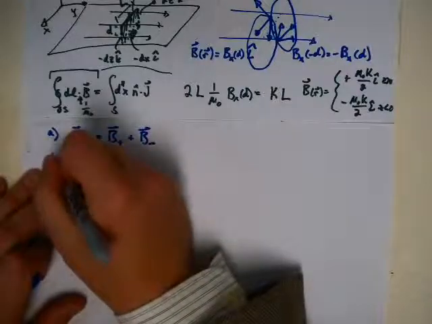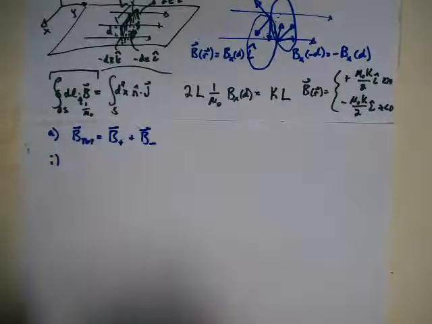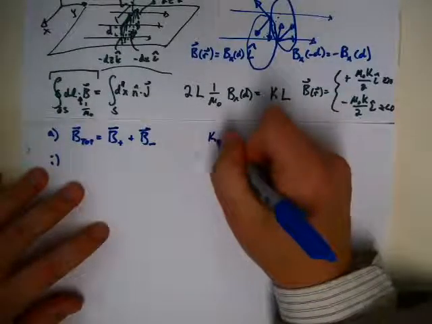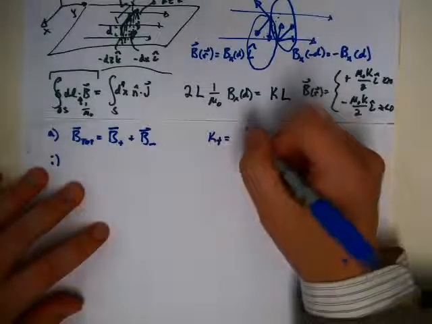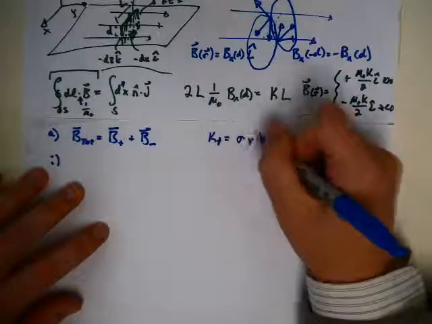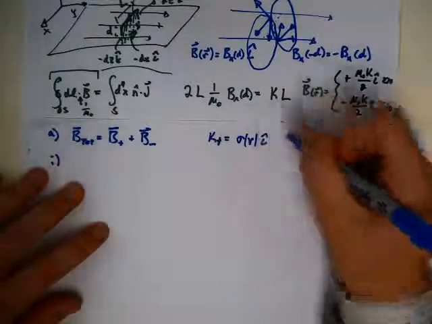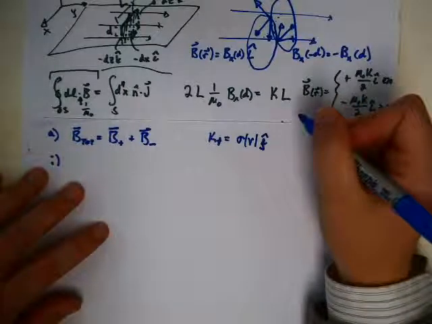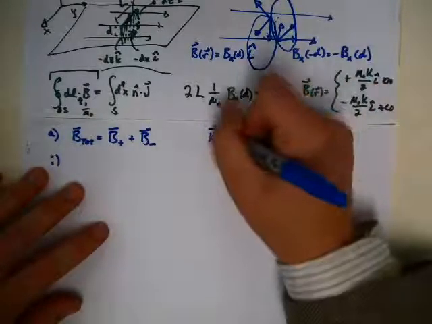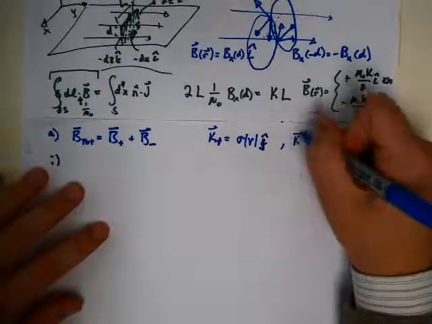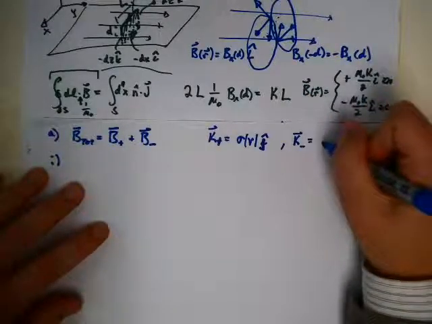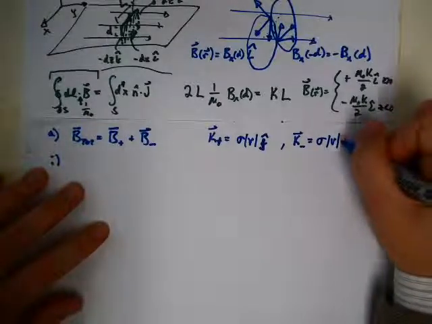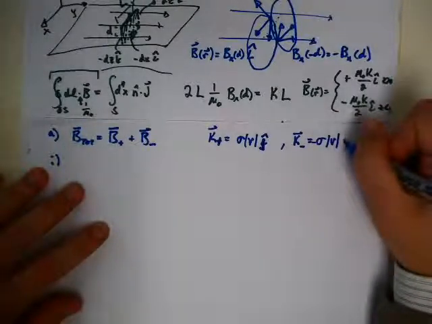In region 1, we are above both plates, so here the K for the positive plate is just sigma V times J hat, and the K for the negative plate is minus sigma V times J hat.